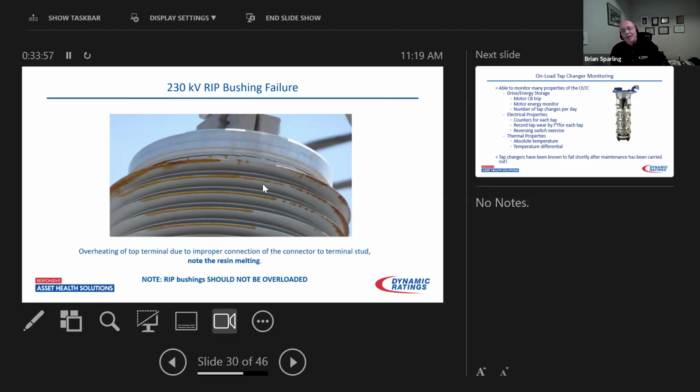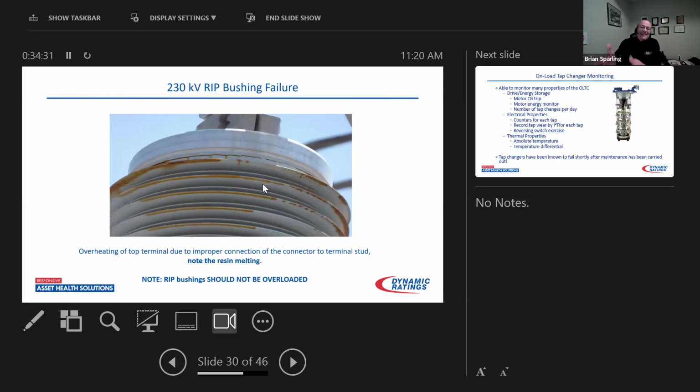And the one thing he kept reinforcing, and it just sticks in my mind, he said, if the RIP bushing says maximum rated current, for example, is 800 amps, it is 800 amps. It's not 801 or 802, it is 800 amps. Remember that. So when you're looking at overloading a transformer and you're using RIP bushings, make certain you understand the current rating of these bushings and the amount of overload you want to put on them.